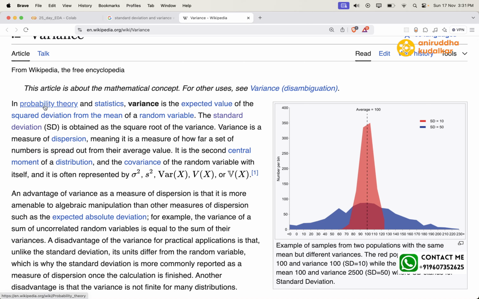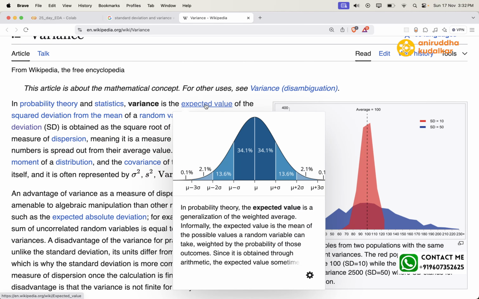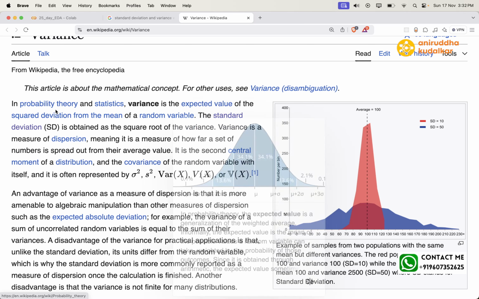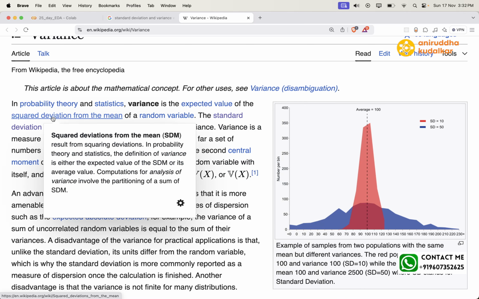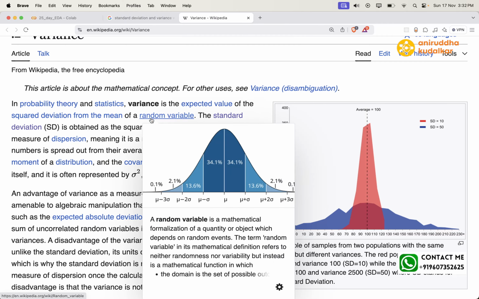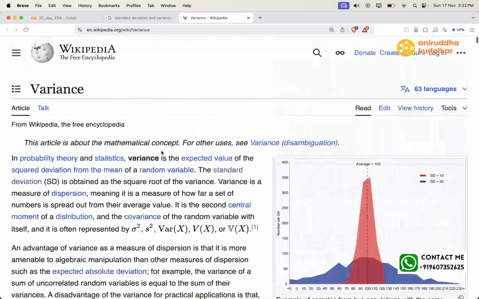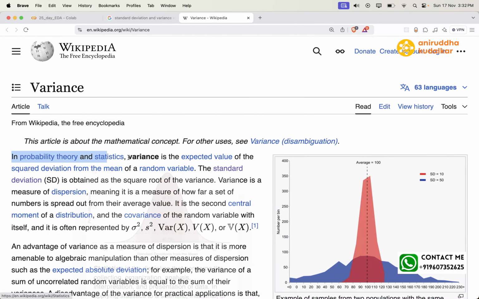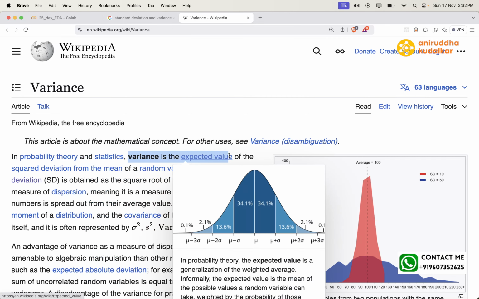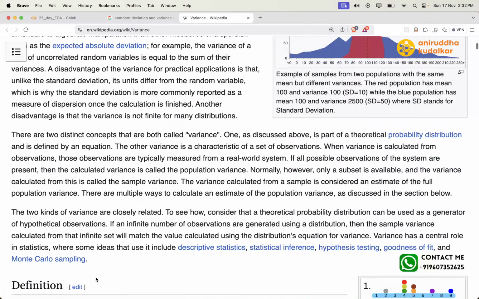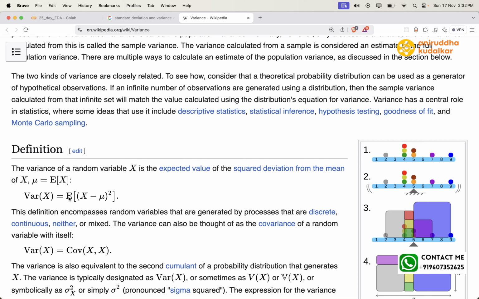In probability theory and statistics, the variance is the expected value of the squared deviation from the mean of a random variable. The same thing is written here in the form of a formula.